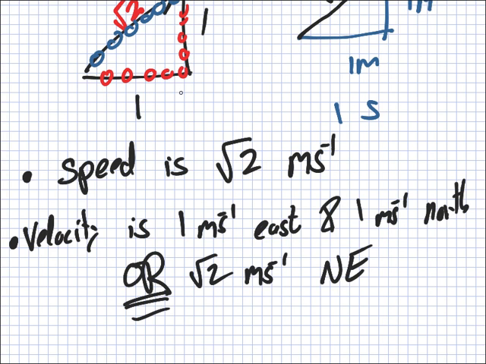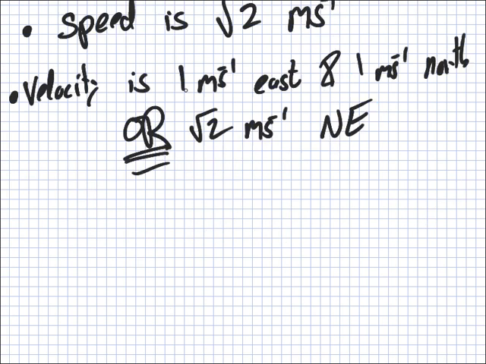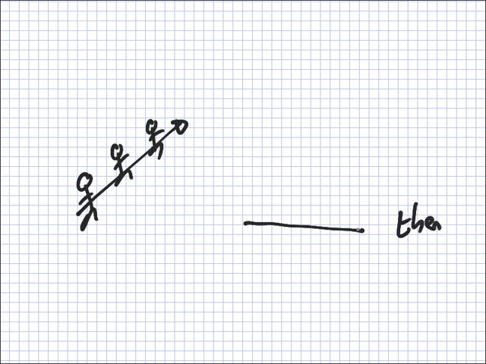Now, it was different here because in this example he moves like this, whereas in this example he really did move east and then turned and moved north. So it's a little different. So speed is the hypotenuse.